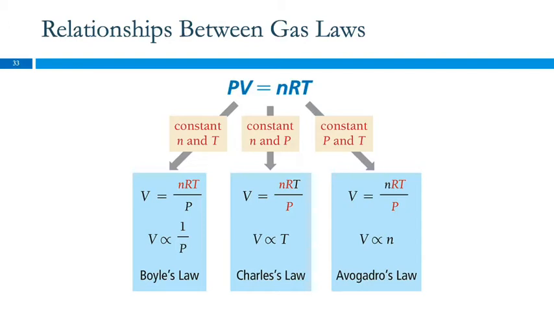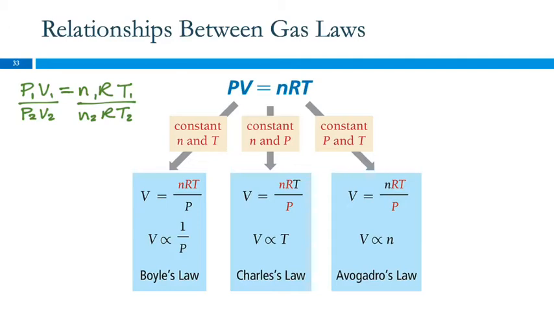Another way to think about it is, if PV equals nRT under one set of conditions, and I divide this by something that's equal, PV equals nRT under a second set of conditions, it's still equal. Because I'm doing the same thing to both sides, I'm dividing by the same quantity, it looks different. So I'm taking the ideal gas law and dividing it by itself, essentially.